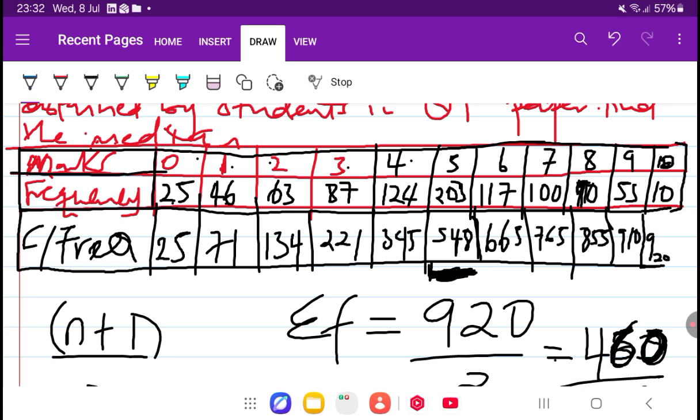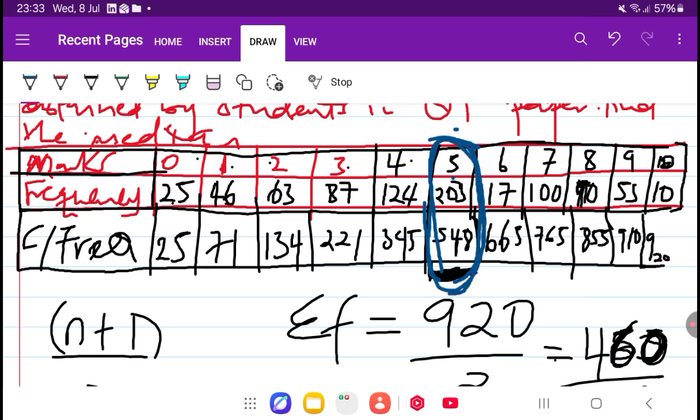That's why you use this n over 2 and n plus 1 over 2 when the data set doesn't have frequencies. But if it has frequencies, the figure you are going to get will just give you an estimate of where the value lies.